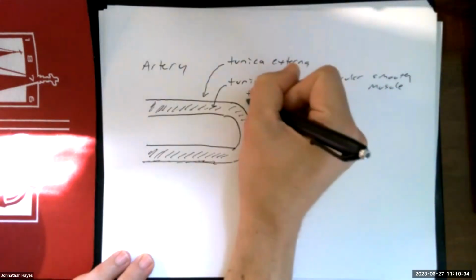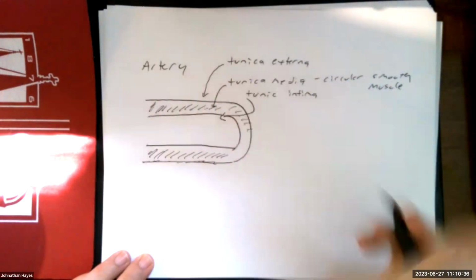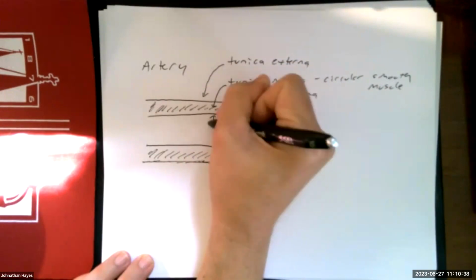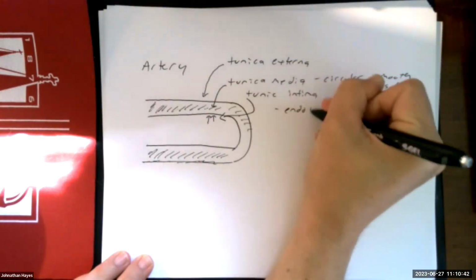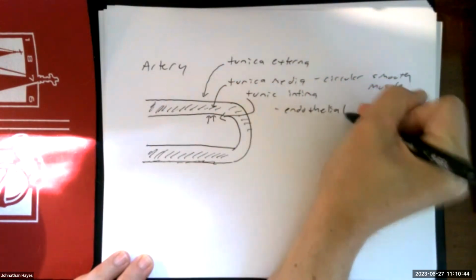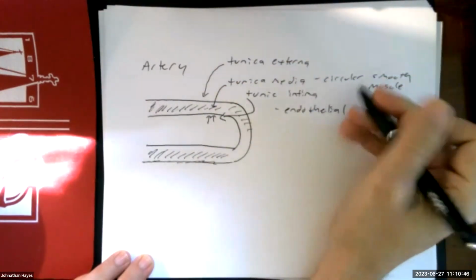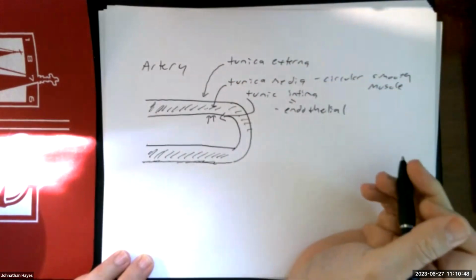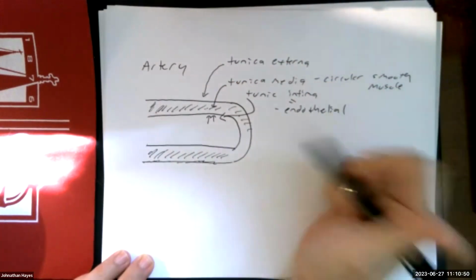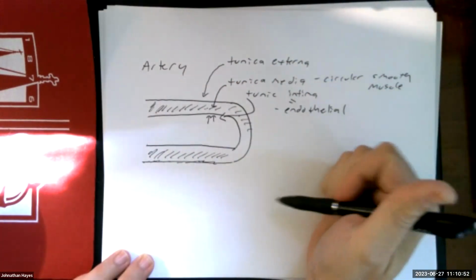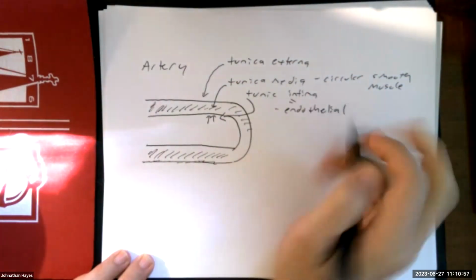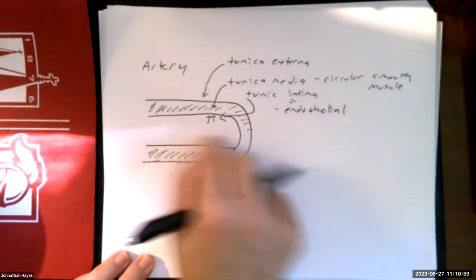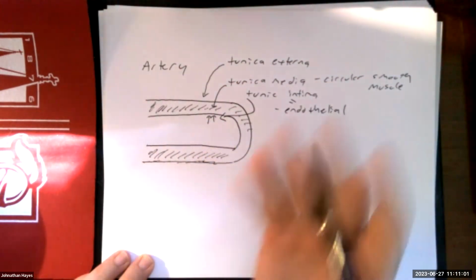And then your tunica intima is this innermost lining right here. So this is kind of like your tunica intima. And it's the same thing as saying the endothelial lining, right? It's the same. Tunica intima equals endothelial lining. Or the endothelium, and it's made up of simple squamous epithelium, which is nice and smooth. So what the tunica intima is giving us is a nice smooth pathway in here that doesn't create a lot of friction.